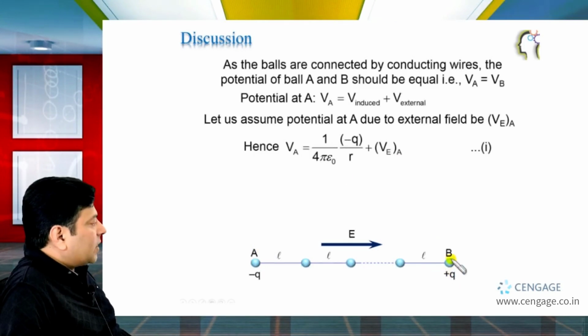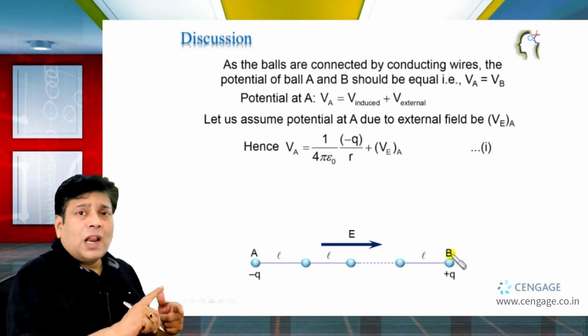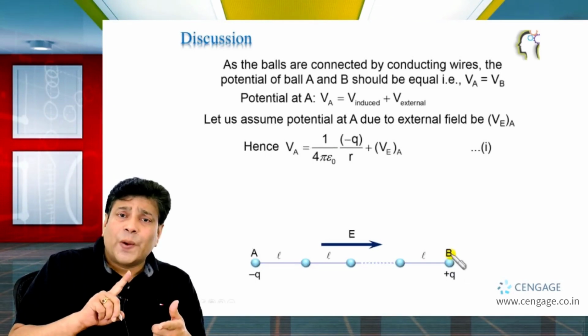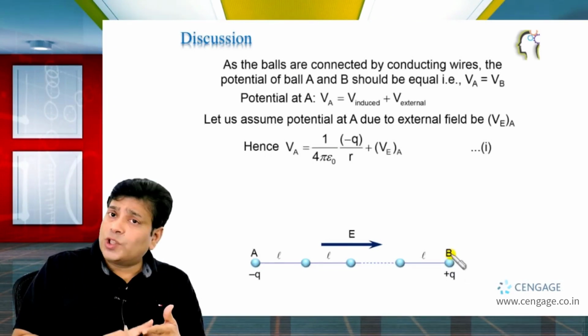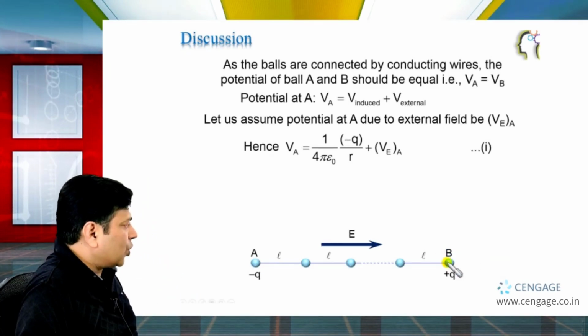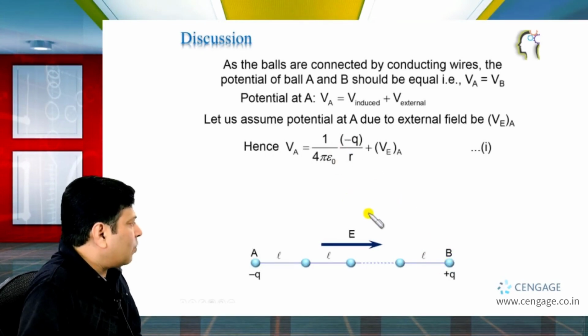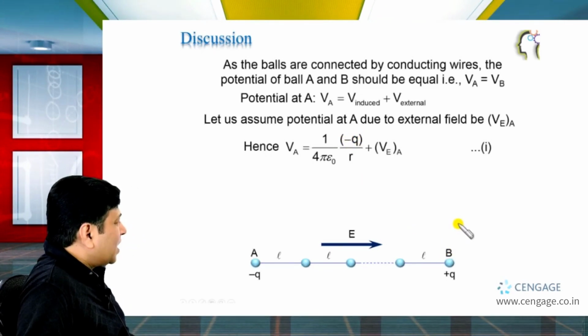Now consider the potential at the position of ball B. The potential at ball B will also be the potential due to its own charge, which is the induced charge, plus the potential due to the external field. The potential due to the induced charge should be 1 upon 4 pi epsilon naught, but instead of minus Q it should be plus Q, so 1 upon 4 pi epsilon naught Q divided by small r.